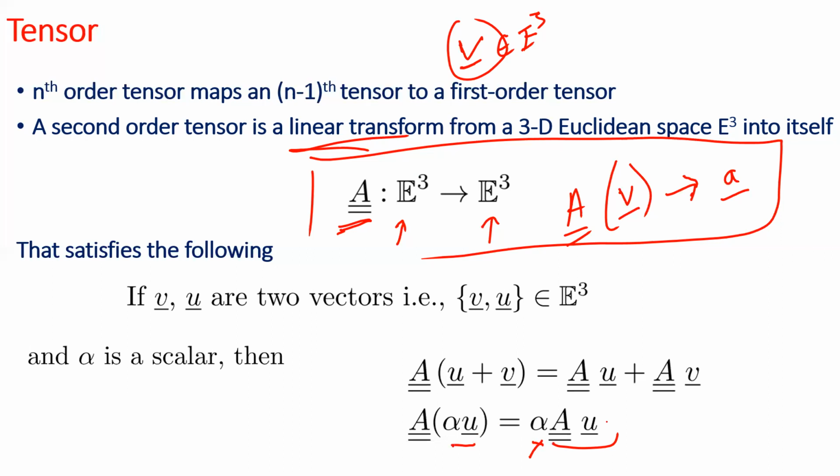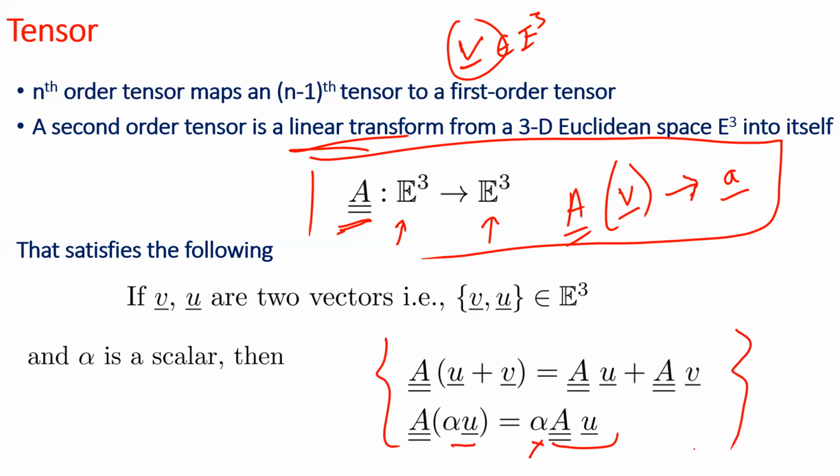Since we are talking about second order tensors, I have directly used the tensor A. So tensor A acting on the sum of vectors u and v is the same as the tensor acting individually on the two vectors and summing the results. Likewise with the scalar variable. So this is essentially representing the linear function.